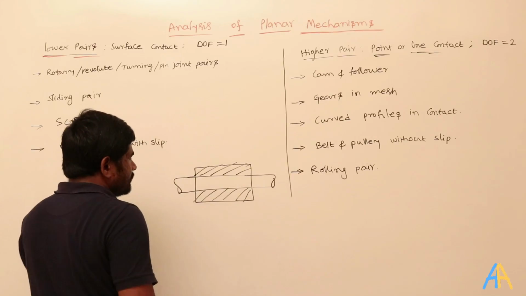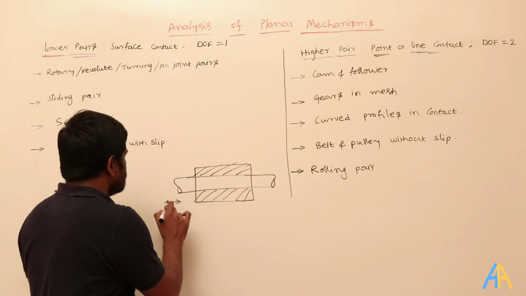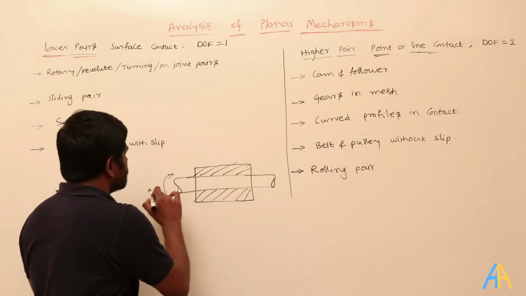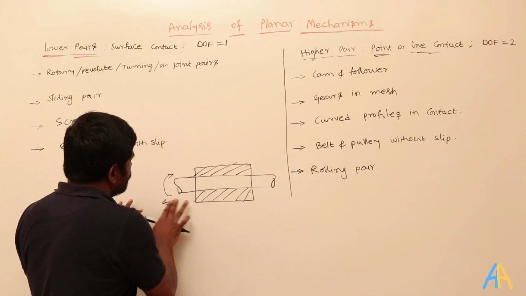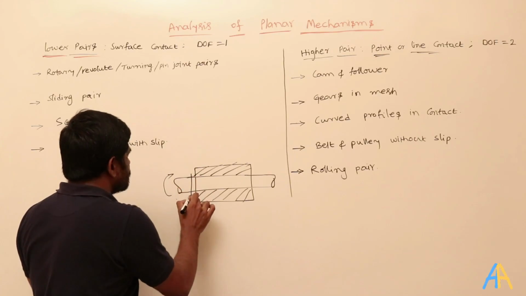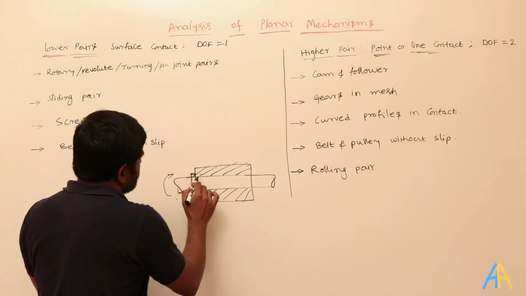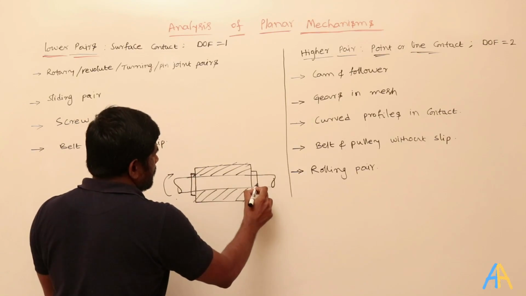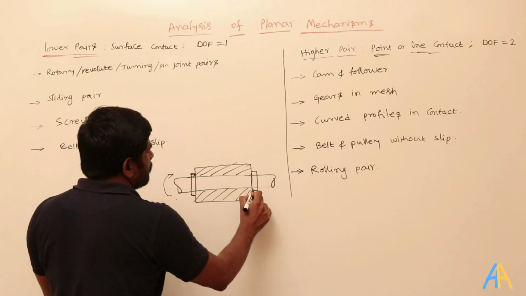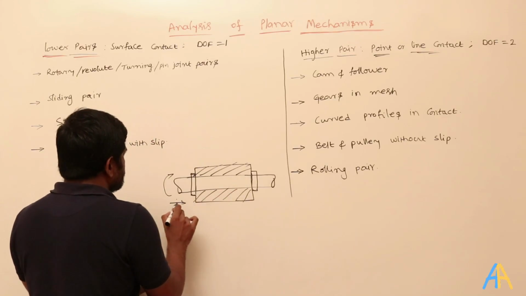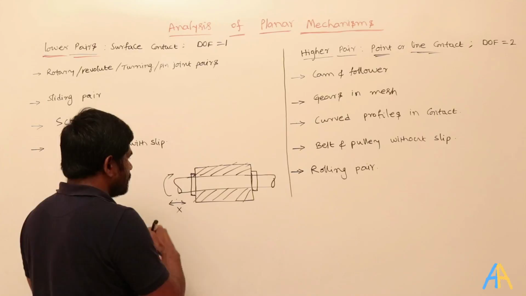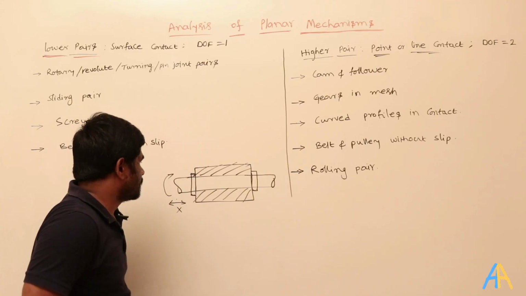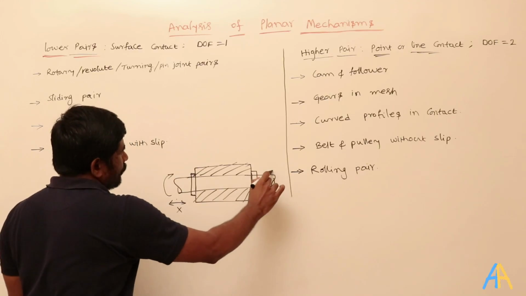Generally it can move in this direction and it can also rotate about this. So to arrest this movement, I will keep some collars here, a restriction on this rod. When I keep the collar here, it can no longer move like this. The translation is arrested, so there is only rotation like this.